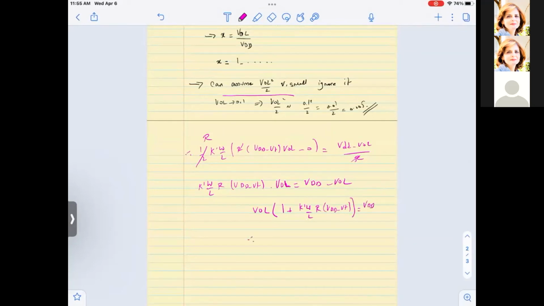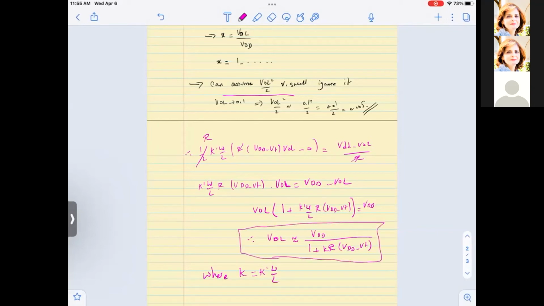And we get the final form that VOL is approximately VDD over 1 plus K times R times VDD minus VT, where K is K prime W by L. So if you see this circuit and we give you this assumption, you can use this form directly.